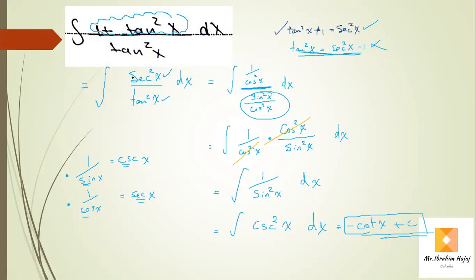But we have to change the sec squared to 1 over cosine squared, and tan is sine over cosine. Also add this to your information, that tan x equals sine over cosine. Then do this operation by crossing out cosine squared. We get 1 over sine squared x, which is cosecant squared x, and the integral of it is negative cotangent x plus c.